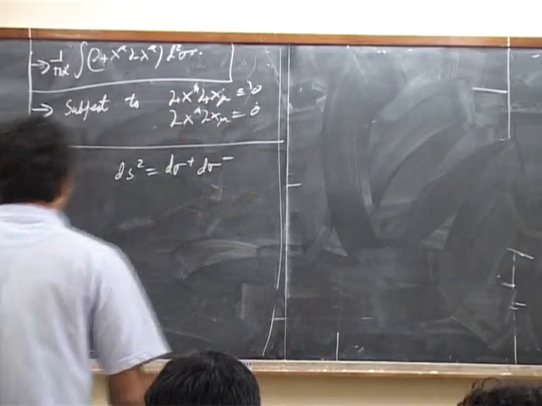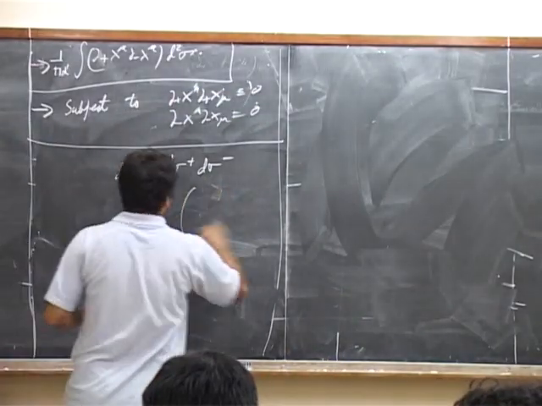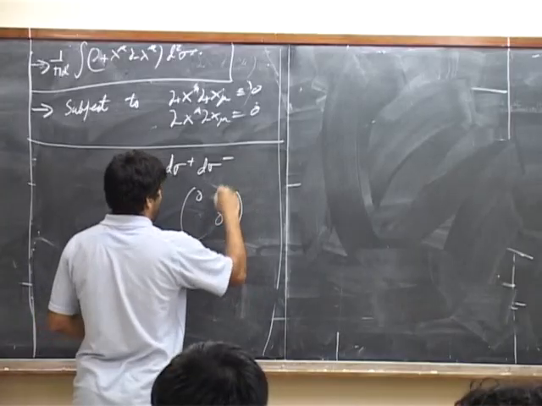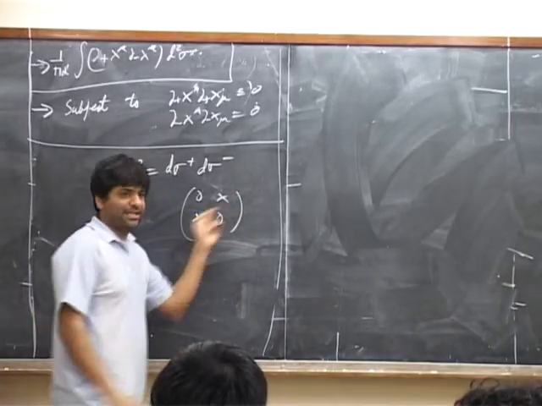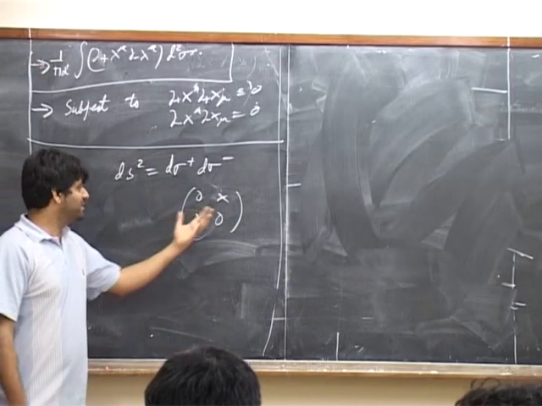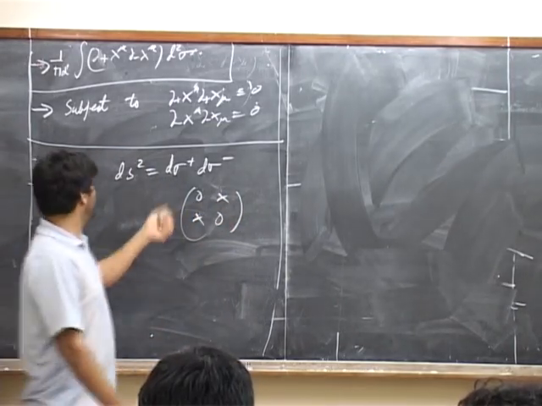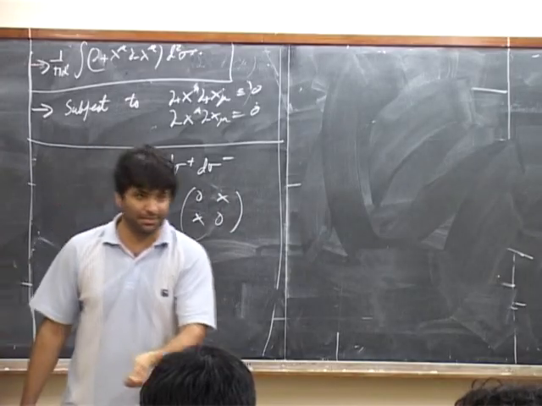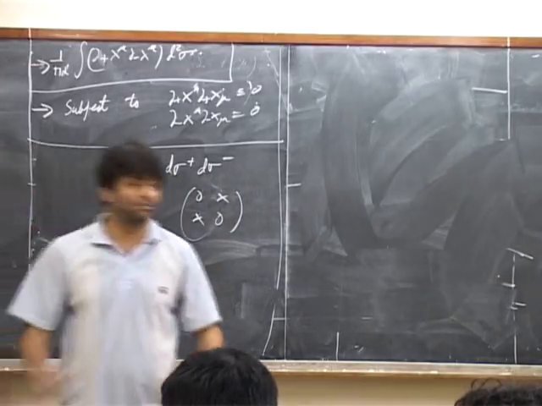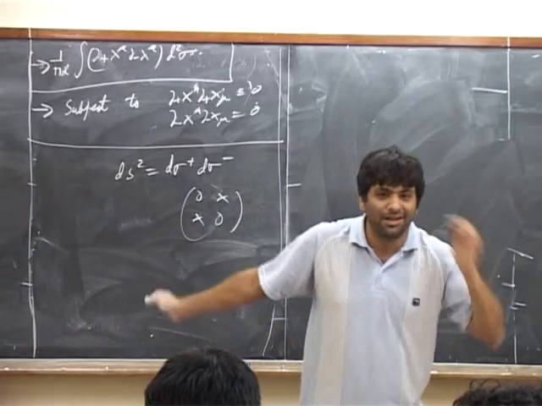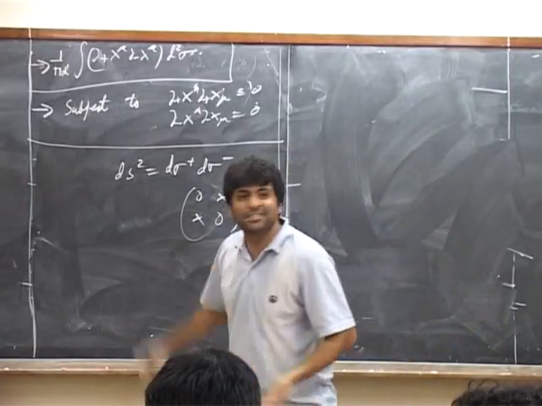You see, what's the characteristic feature of this metric? The characteristic feature is that it has zeros here and then something here, and because it's symmetric that something has to be the same. All you want is some change of coordinates that will leave the structure intact. By which I mean there is no d sigma plus squared term, no d sigma minus squared term, just d sigma plus d sigma minus. Can you think of a coordinate change in this metric that achieves that?